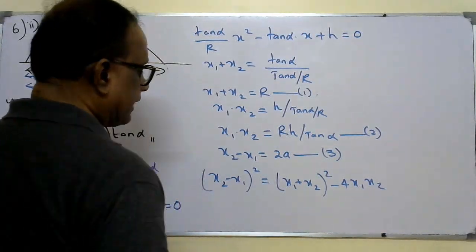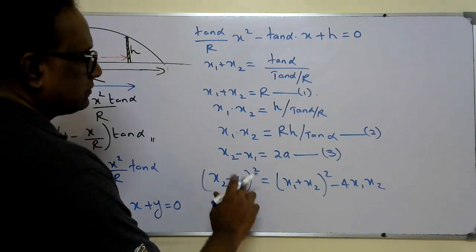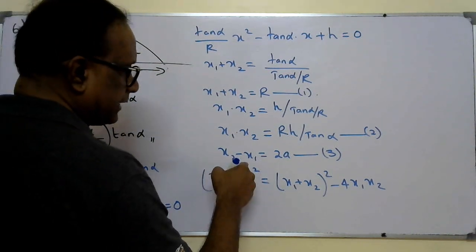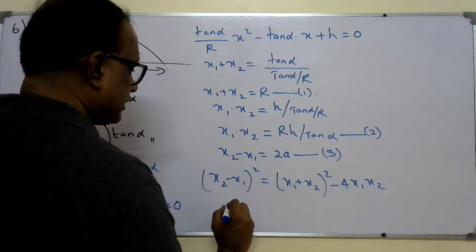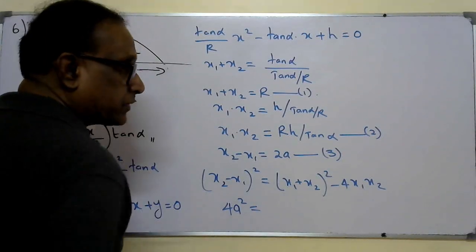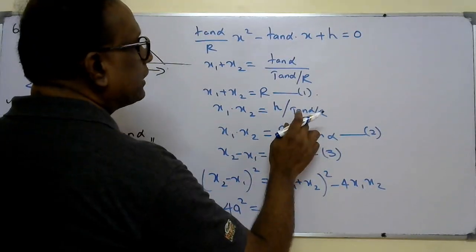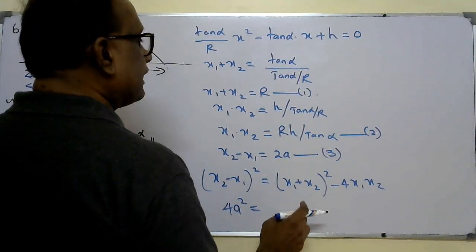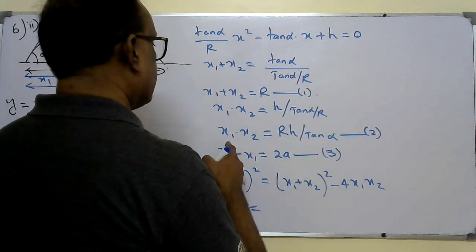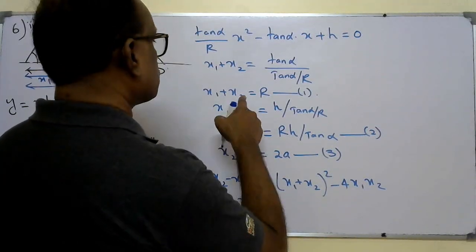So substitute, you will get the answer. x2 minus x1, that is 4a squared. x2 minus x1 is 2a, 2a squared is 4a squared. You can see the 4a squared is there in the equation. Yeah. x1 plus x2 squared, minus 4 times h over tan alpha terms. So sorry, x1 plus x2, that is r squared.